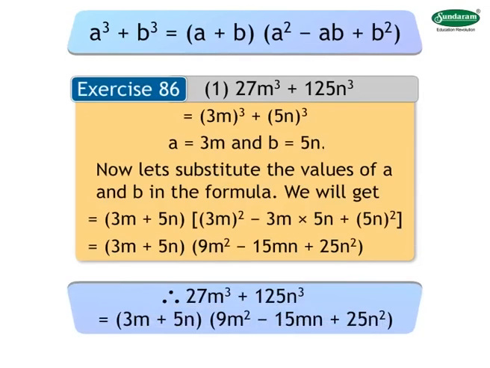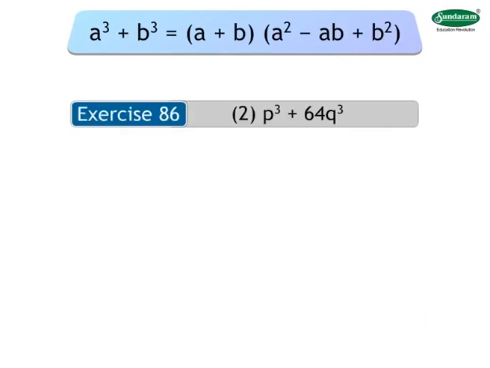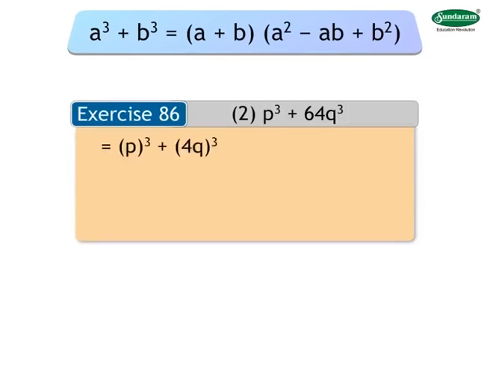Therefore, 27m cube plus 125n cube is equal to 3m plus 5n and 9m square minus 15mn plus 25n square. 2. p cube plus 64q cube. As you know, the cube root of 64 is 4. Thus, we can say that p cube plus 64q cube is p cube plus 4q the whole cube.